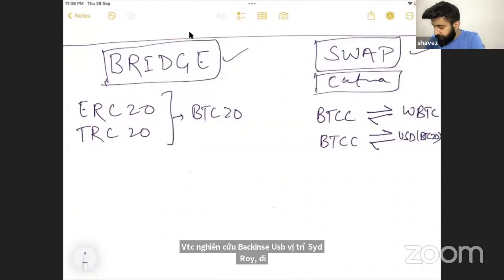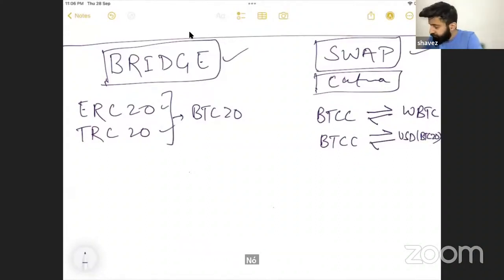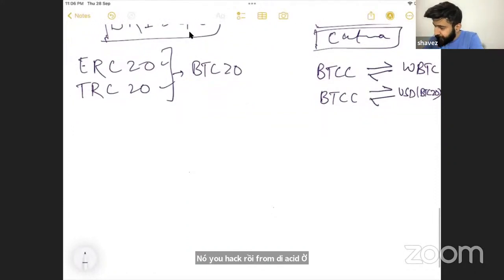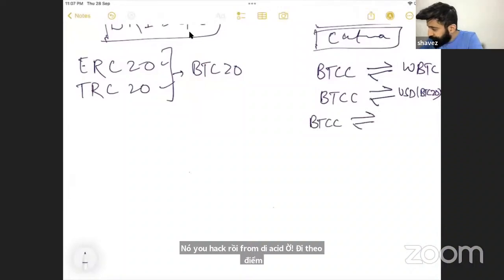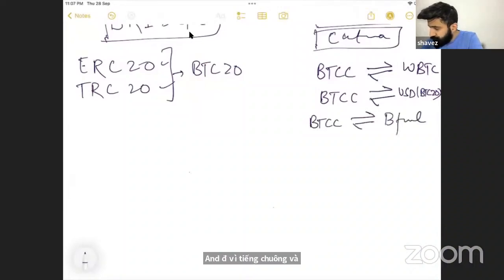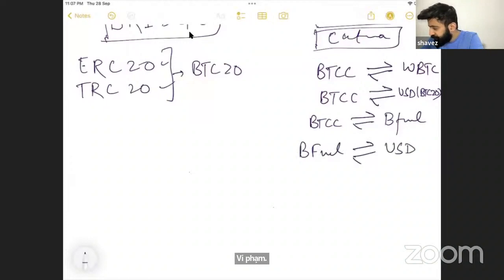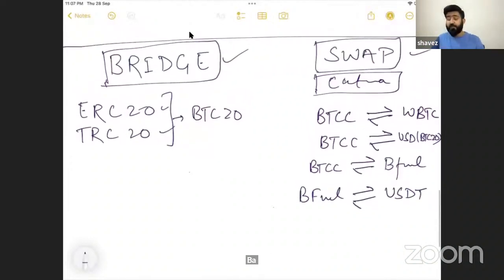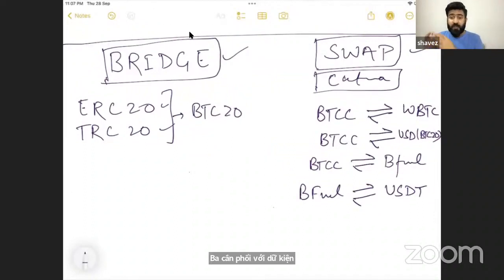Now you have brought from TRC and ERC, Tron and Ethereum, and then BTCC back and forth, B fuel, back and forth to USDT, because we have to put this functionality on public demand to be able to buy B fuel using USDT. So the swap is ready to convert all that.